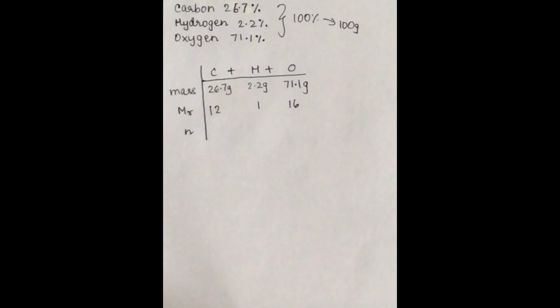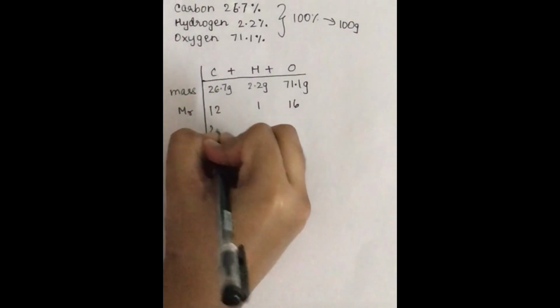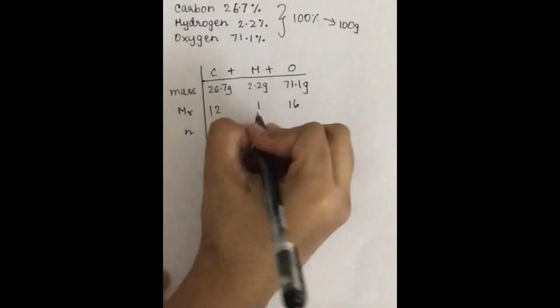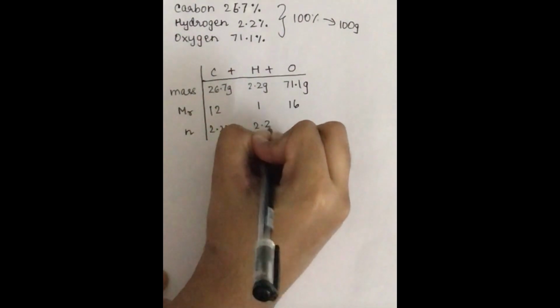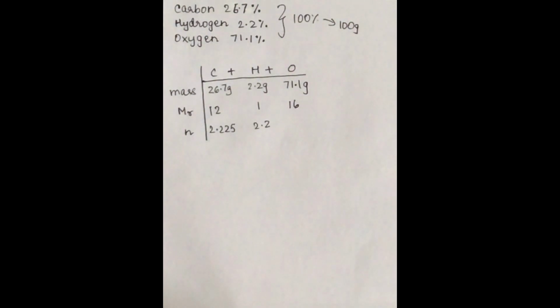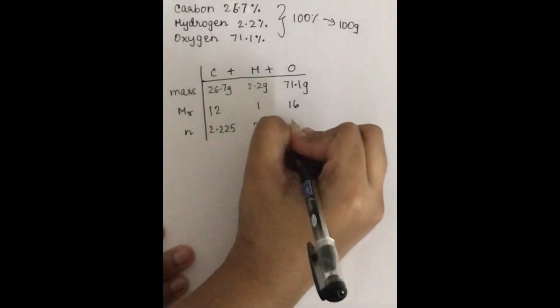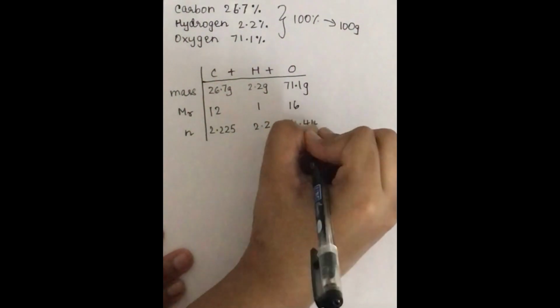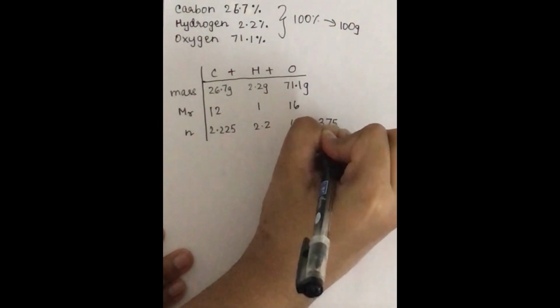So if we use our calculator, 26.7 divided by 12, we'll get 2.225. For hydrogen, we'll get 2.2. And then for oxygen, we'll get 4.44375. That's a big number.